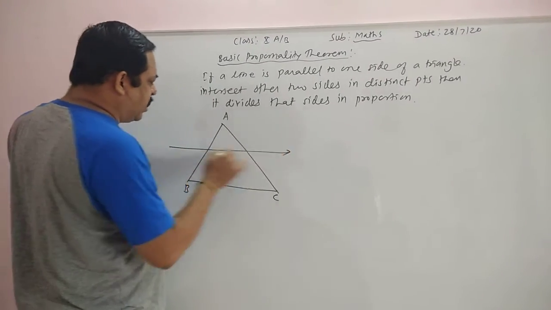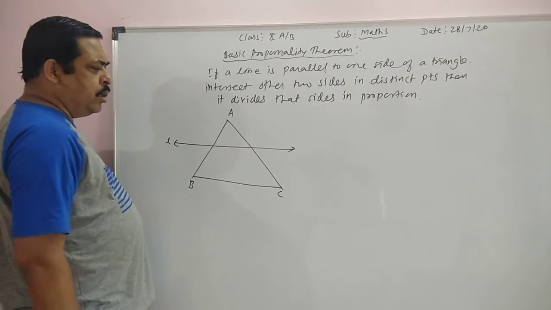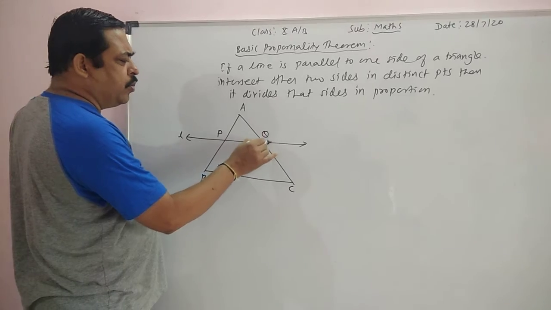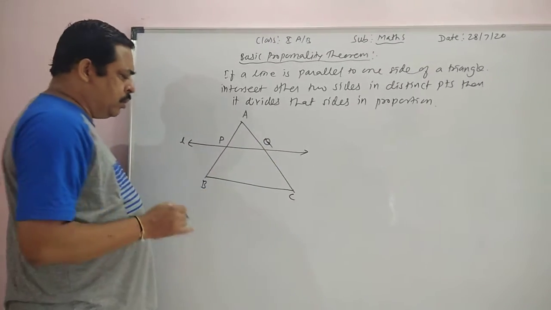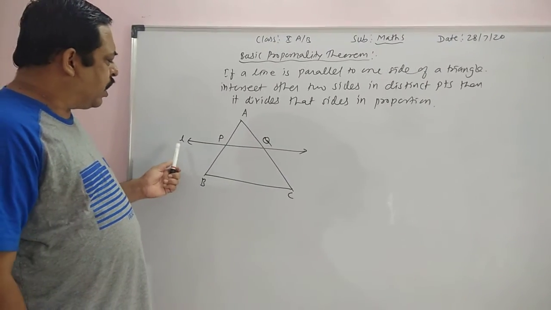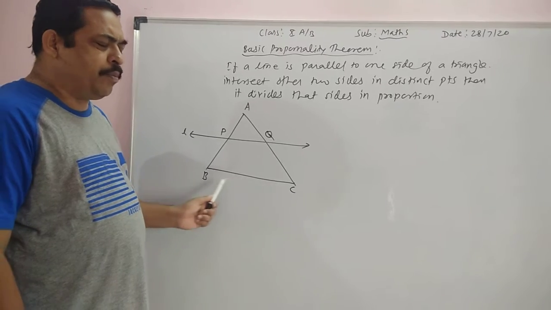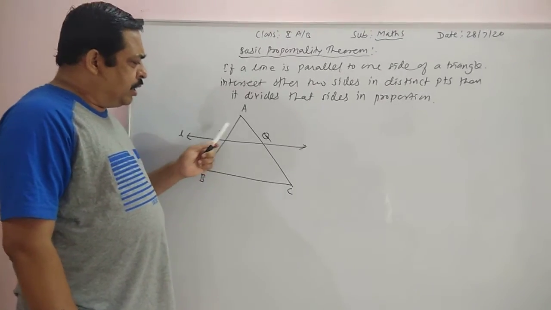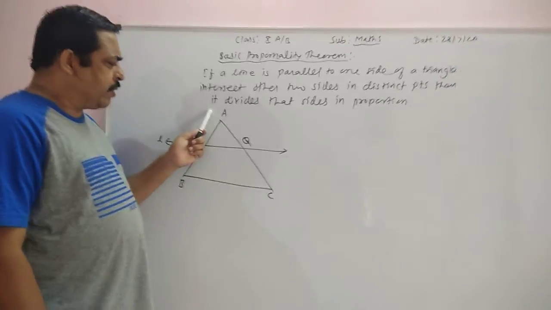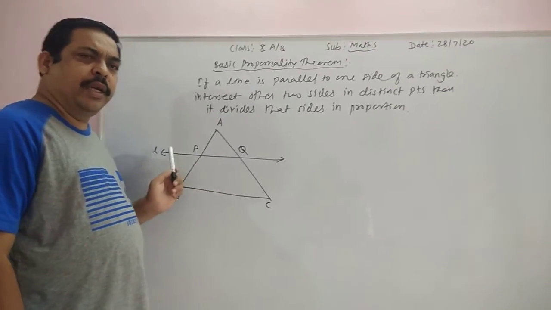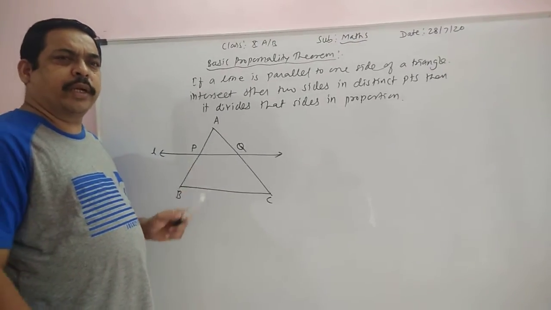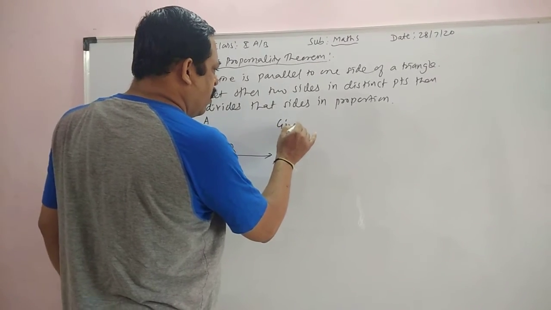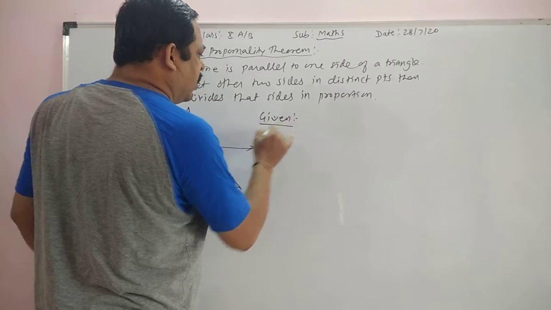Then we consider another line L, which intersects side AB at point P and side AC at point Q. Line L is parallel to side BC of triangle ABC, and line L intersects the other two sides of the triangle in two distinct points. From this we write given.